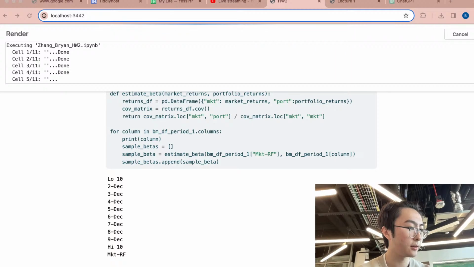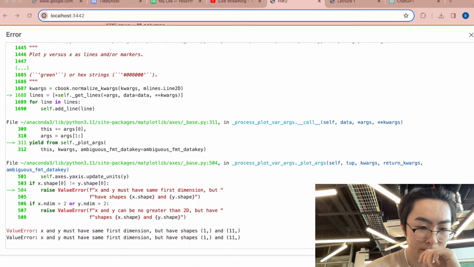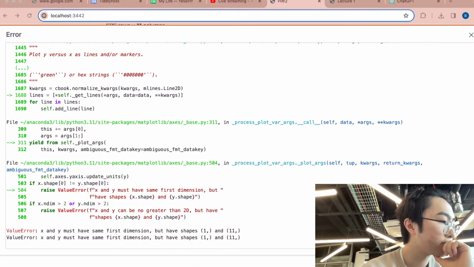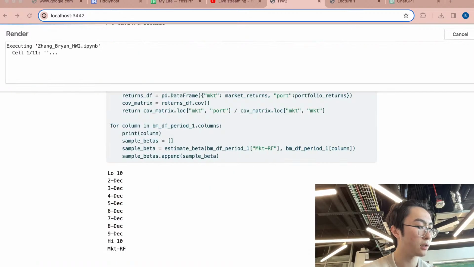Getting an error, not too sure why. Why is sample betas not working?